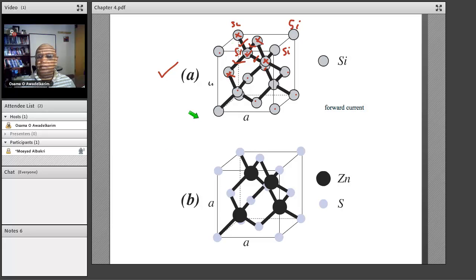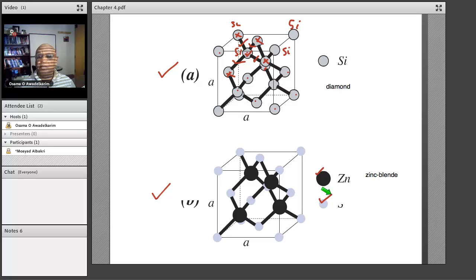Okay? Here you have the zinc blende. So this is the diamond here, whereas down here we have zinc blende, which is the same thing. It's a cubic lattice, but you can see that we have zinc atoms and this is zinc sulfide.